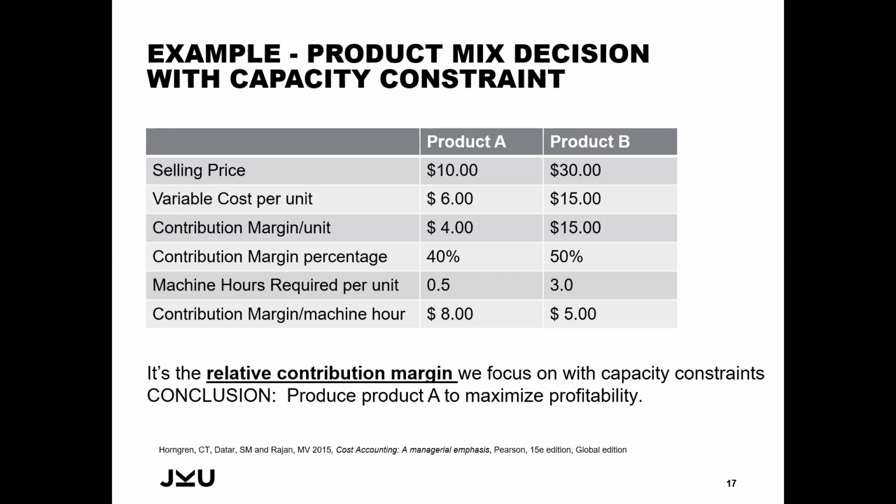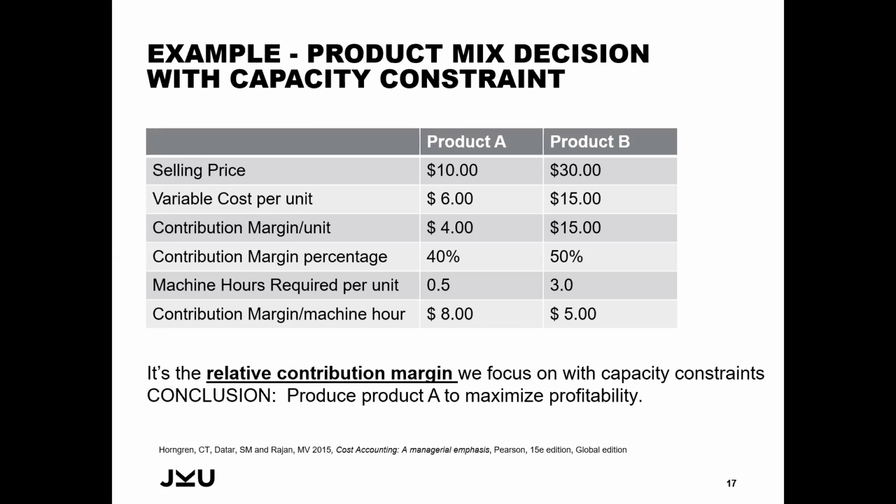And then we have variable costs per unit, $6 for product A, $15 for product B, which means that we have a contribution margin, and we would call that an absolute contribution margin per unit of $4 for product A and of $15 for product B. So based on the absolute contribution margin, we would have a clear decision.